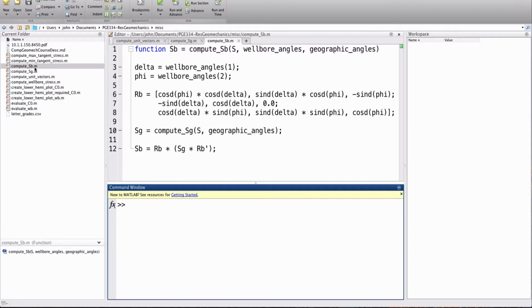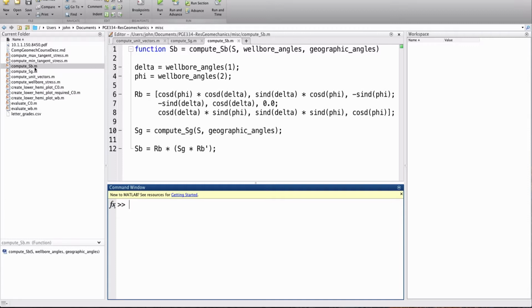You guys should have that, right? You used it for stress on fault resolution, right? So you should already have something like compute SG. So now I'm just calling compute SG from in here, passing through the geographic angles and the principal stress, and so then I have this. Then I can use this equation to compute SB.